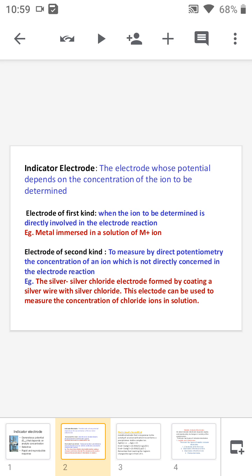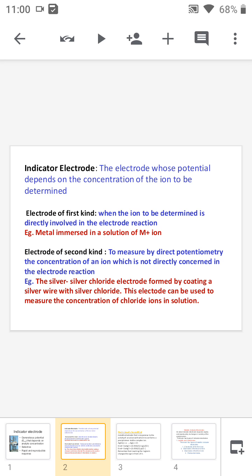The second kind of electrode is used when we cannot directly measure the potential of the analyte solution or the analyte concentration, but by converting it into another, we can easily find out the concentration. The definition is: to measure by direct potentiometry the concentration of an ion which is not directly concerned in the electrode reaction.